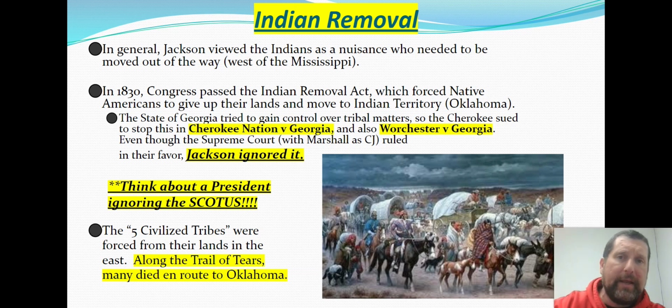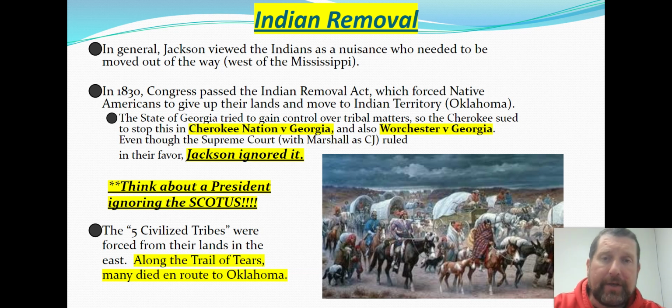And they needed to be pushed further westward, at least west of the Mississippi River now. And while he's president in 1830, Congress passes, early in his presidency, right? Congress passes the Indian Removal Act, which forces Native Americans to give up their land and move to what had been marked as Indian territory in present day Oklahoma.